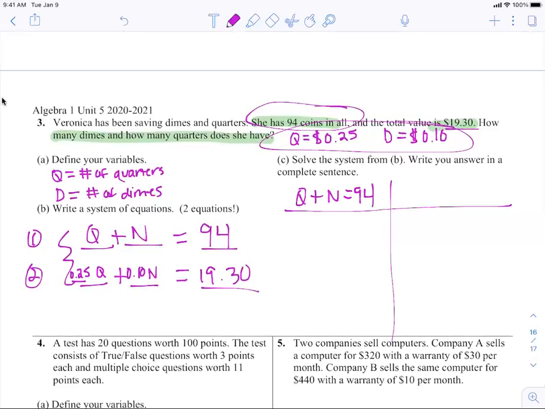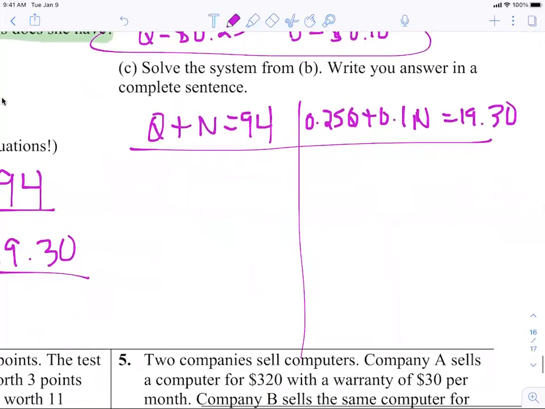Q plus N equals 94 is going to go on one side. 0.25 Q plus 0.1 N equals $19.30. So I'm going to solve this by substitution. I want you guys, though, to try solving it on your own. So pause your video and try solving this by substitution.